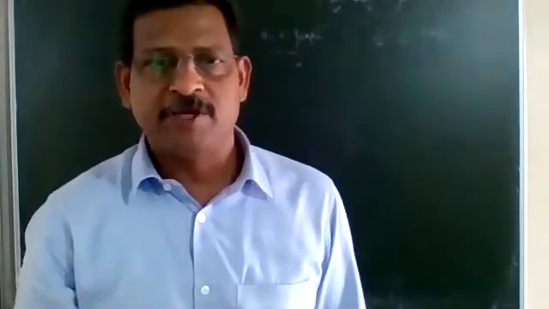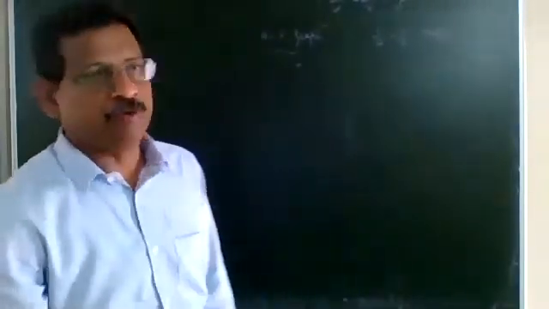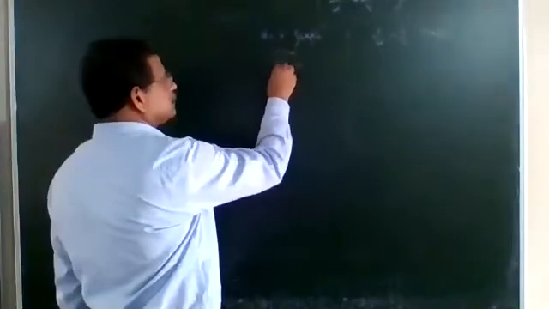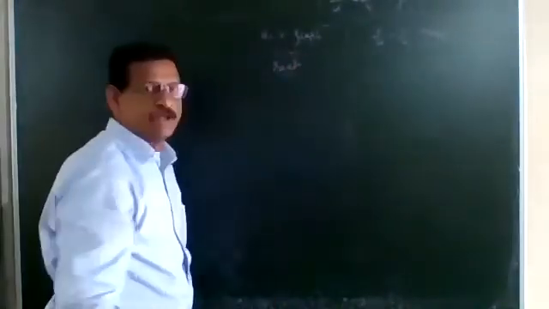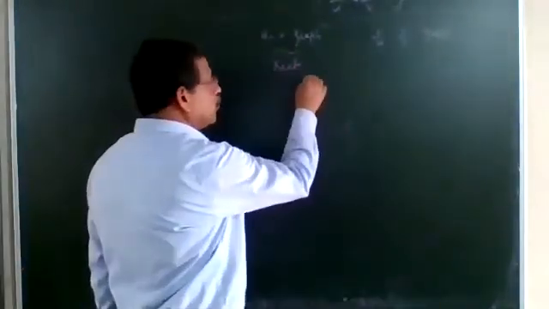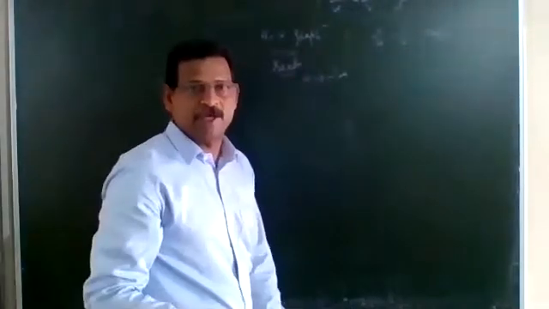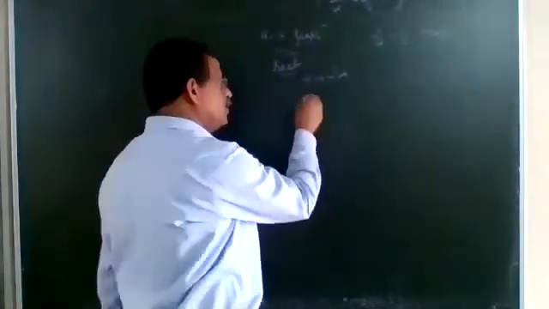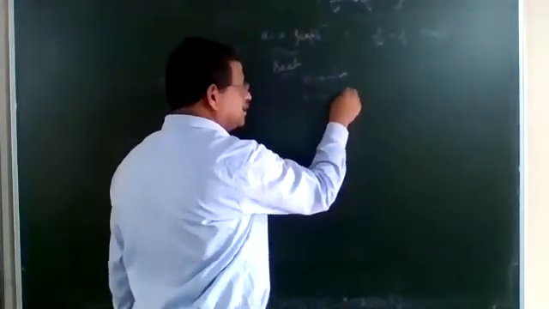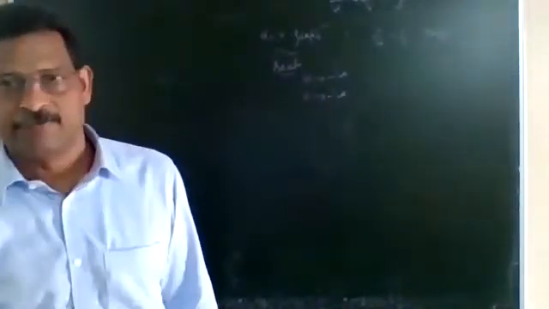Now I am making the first one, full real image, concave real image. For a real image, U is always negative, real images are always on the left side, V also negative. Real image is negative.